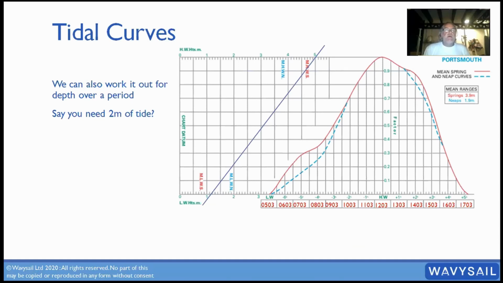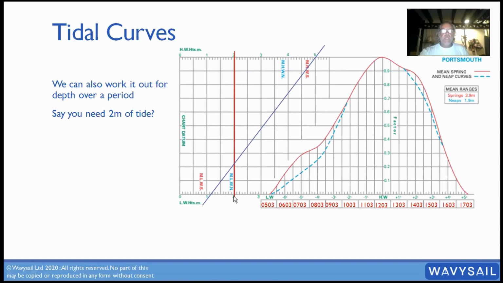We can say, okay, we want to work out when we can go sailing for that day, and we need a minimum of 2 meters of tide to sail safely. So we've got exactly the same thing. There's our low water, there's our high water. We know what the tide is for the day.